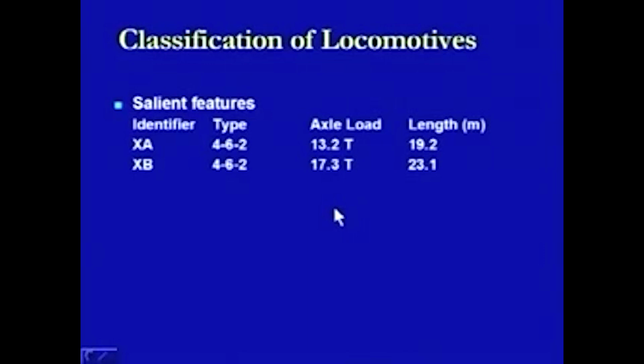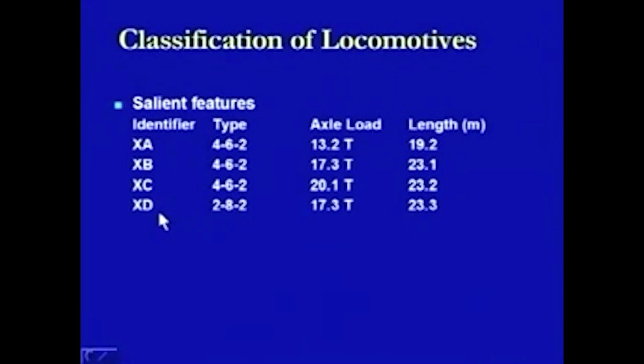Similarly, we have another for XB, that is, now we are talking about the standard load condition of the passengers, where what we see is that the axle load is increasing and similarly the length is also increasing, though the type remains the same. When we go to the heavy load condition for the same broad gauge category, the type is still the same, but the axle load is increasing and the length of the locomotive is still further increasing to 23.2 meters.